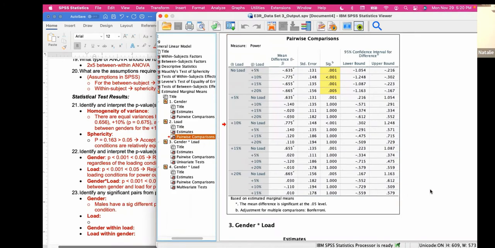Pairwise comparisons for our loading conditions. I've already highlighted the significant ones, which are basically all of the conditions in comparison to the no load condition. But if we were to look at comparing 5% to 10% or 10% to 20%, those ones don't come out as significantly different.